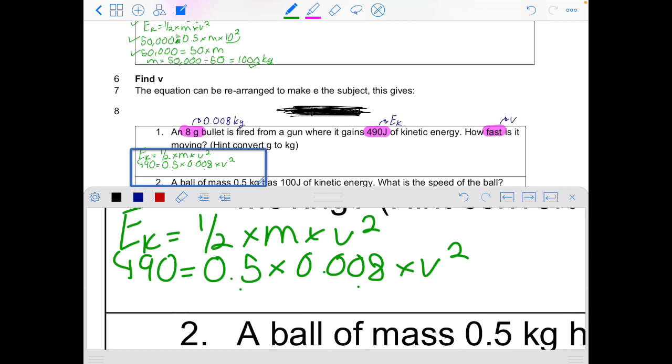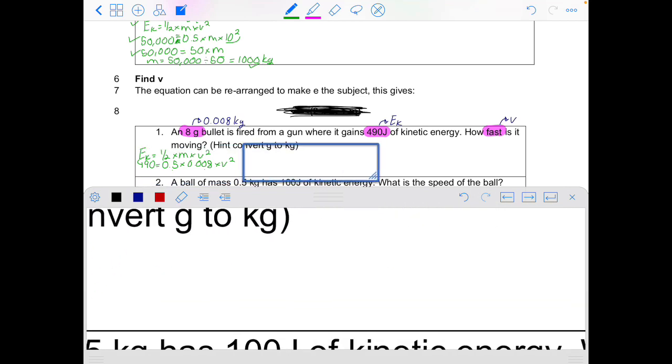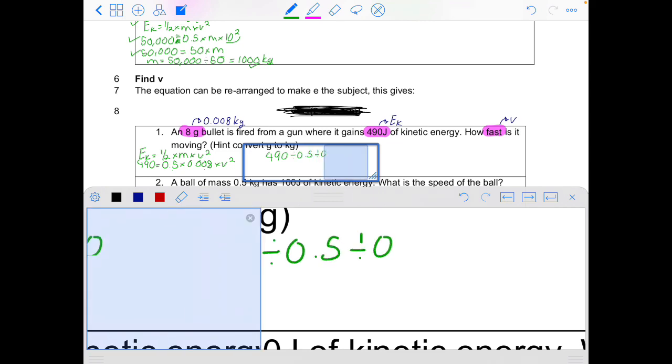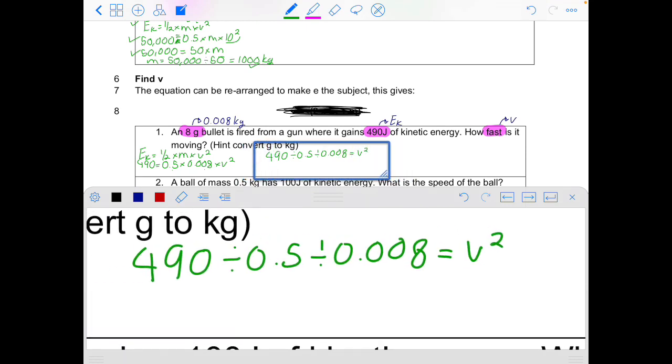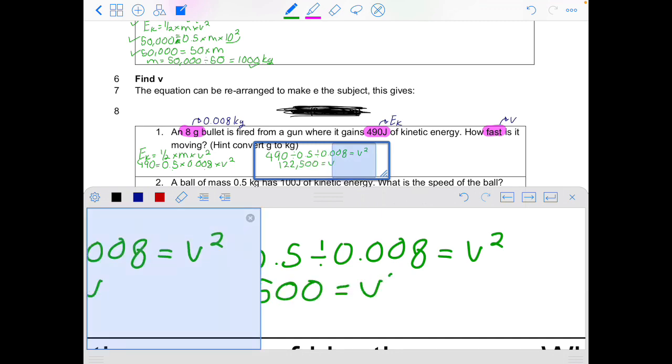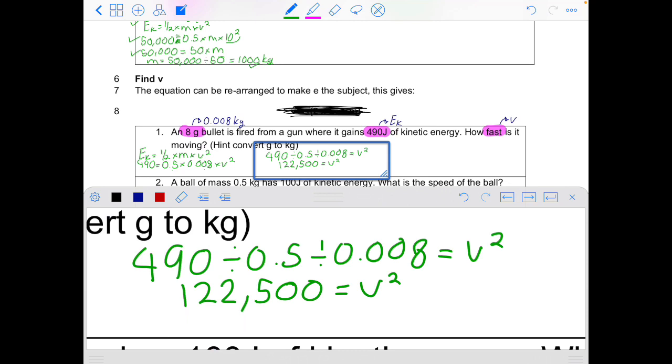You can multiply them together and then divide, or you can just divide them both over. So I would go 490 divided by 0.5, divided by 0.008. It gives you velocity squared. Plug that into a calculator and you end up with 122,500 equals velocity squared.